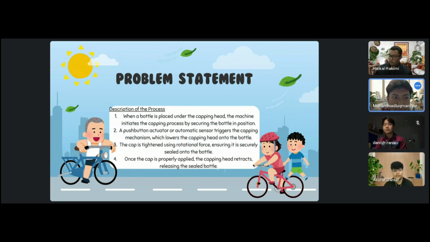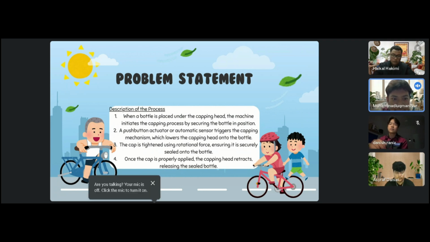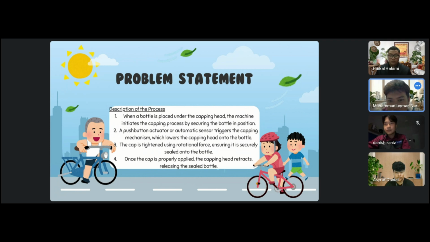By doing so, the bottle is prevented from moving or tipping over during the subsequent steps, ensuring that the cap can be applied accurately and securely. This precise positioning is critical for achieving a consistent seal and maintaining the quality of the capping process.